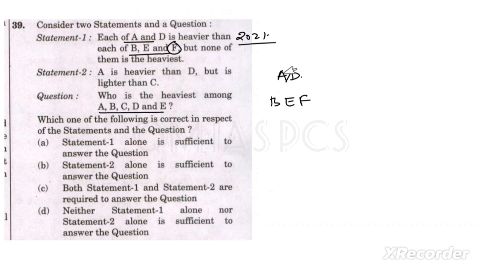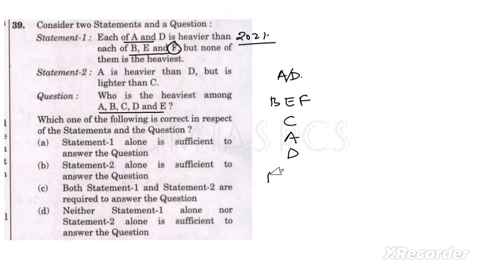Okay, so somebody else is heaviest. Next the statement is A is heavier than D, like this one. Okay, and A is lighter than C, like C should be here.